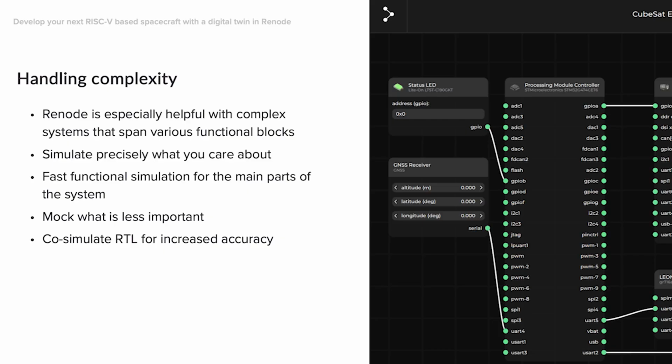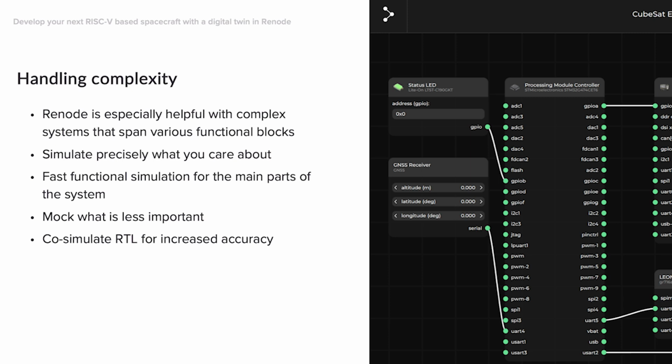As I mentioned, Renode allows you to understand your system better. So especially if you have a very complex system that you'd like to simulate completely, that's a good framework for you. But it also allows you to select what you mostly care about.